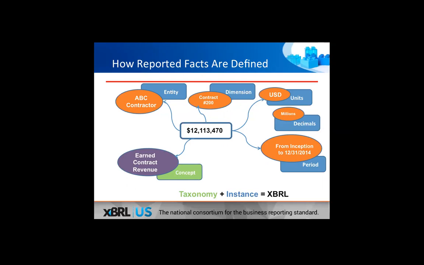The instance document is the XBRL document that's created for a specific reporting situation. So for this example, it's defining contractor ABC's earned contract revenue for the specific contract number 200. It's in US dollars, reported in millions, for the time period from inception to December 31st, 2014. So taking those two things together, the taxonomy and the instance document, helps us define a very specific reporting situation that a computer can understand and read.